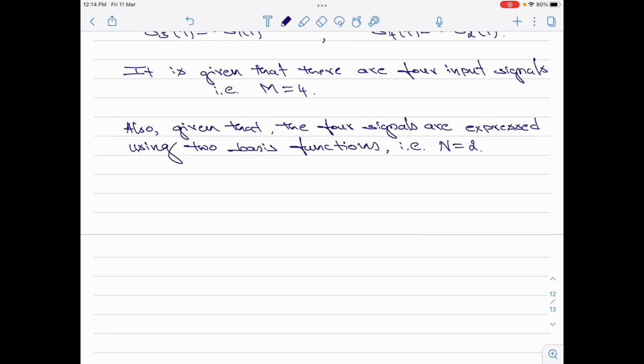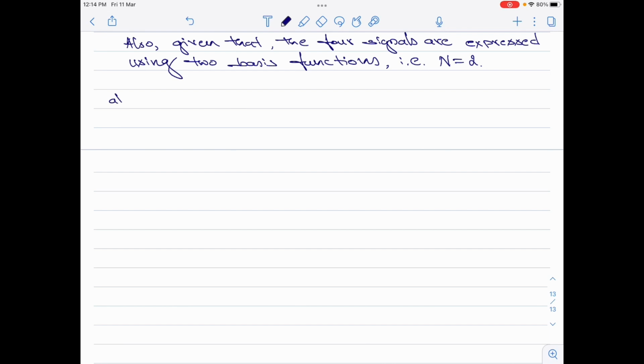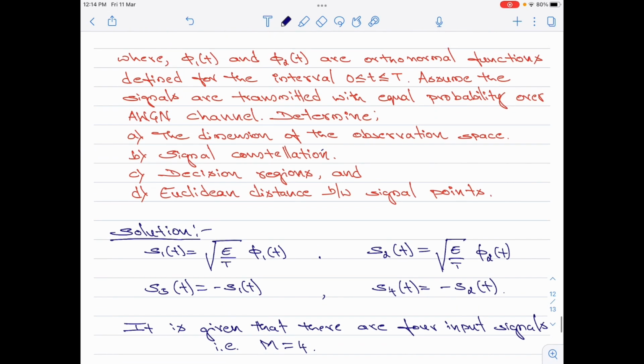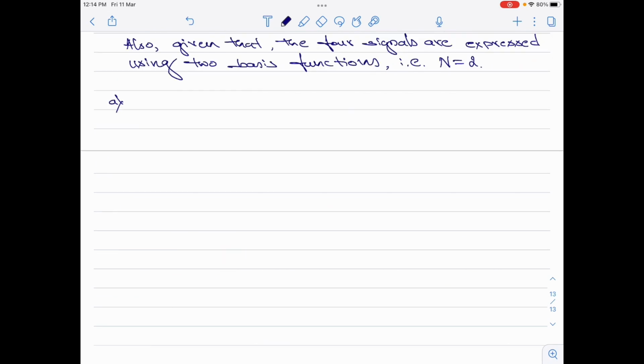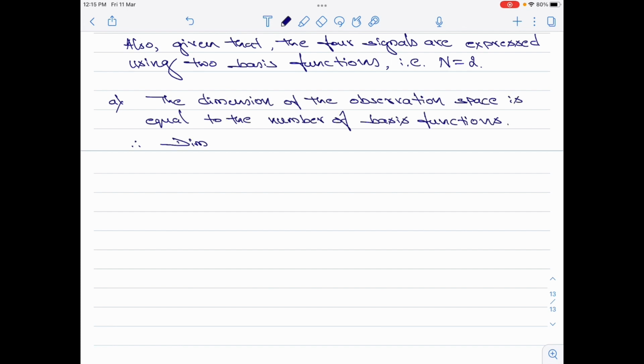Now, when we come to part A of the numerical, which is to find the dimension of the observation space, we know that it is equivalent to the number of basis functions required to represent the input signals. So, for the part A of the question, the answer is 2. Right. So, that is part A of the question.